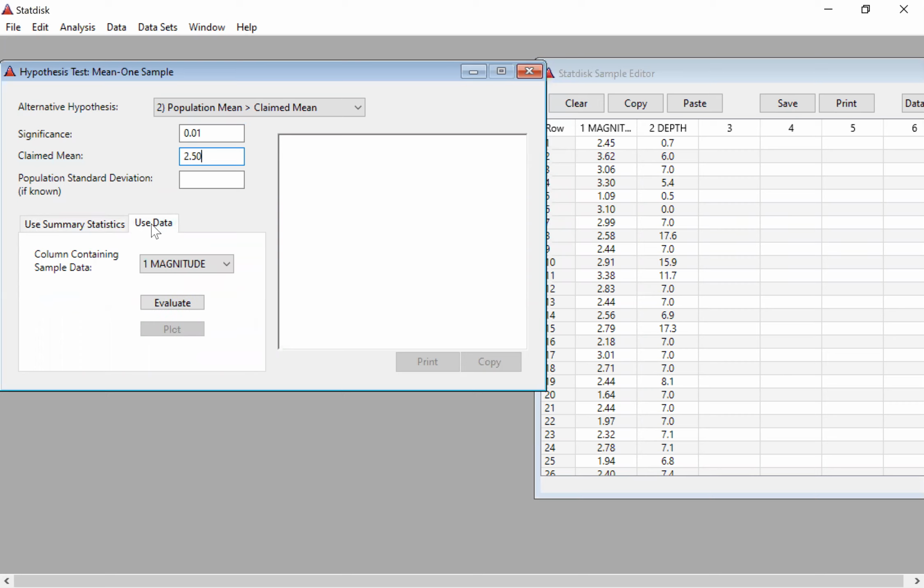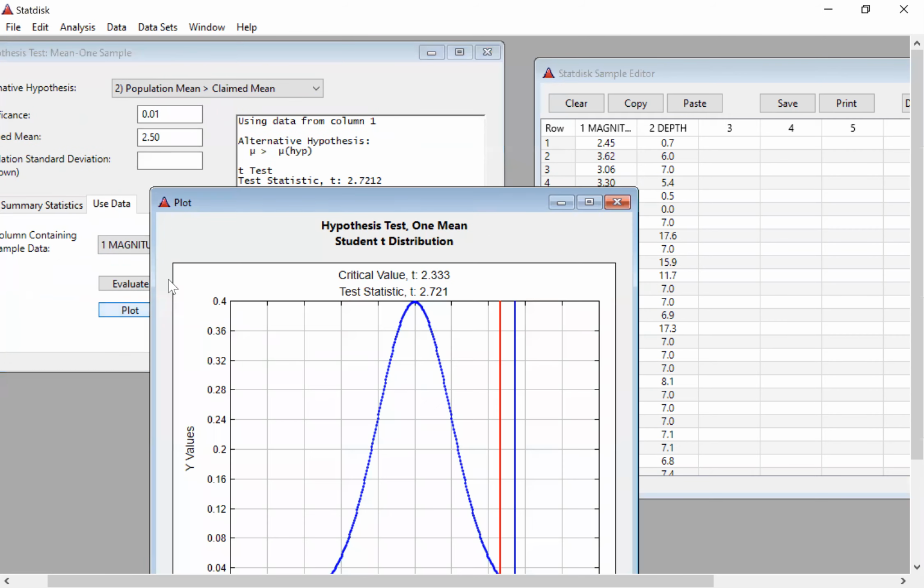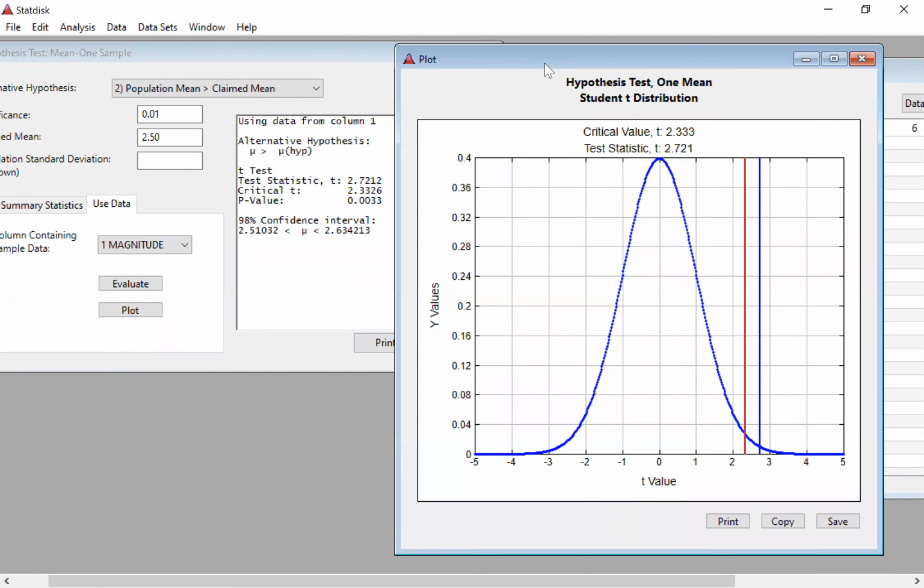And this time around, we have data to use. So we click on use data, and then we just pick the column that we want to use. And we're testing magnitude, so we want column 1. We can hit evaluate. We can also go ahead and hit plot.